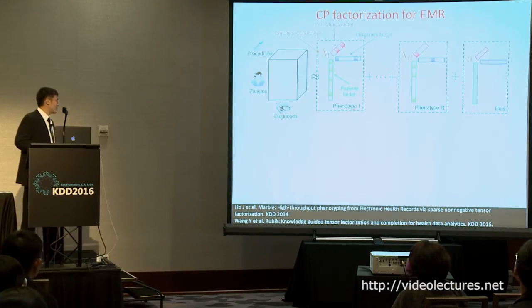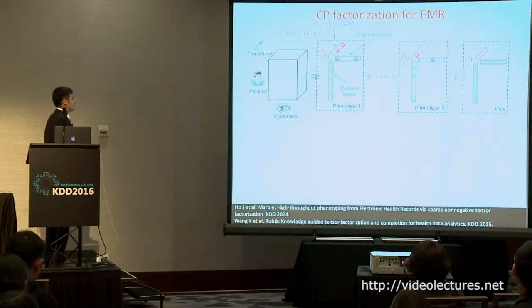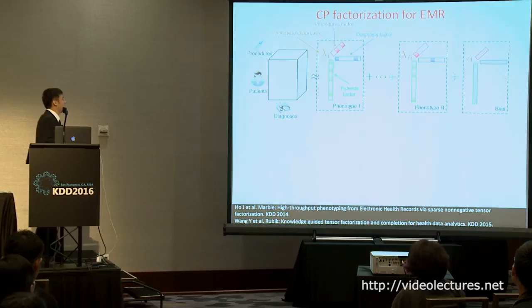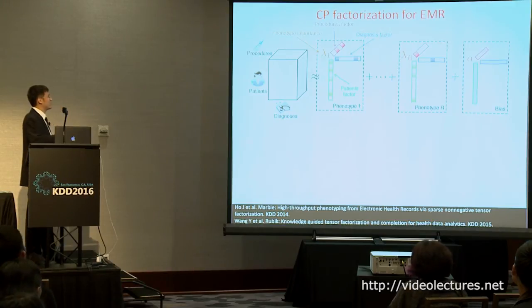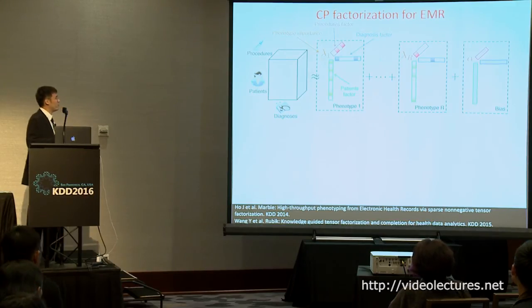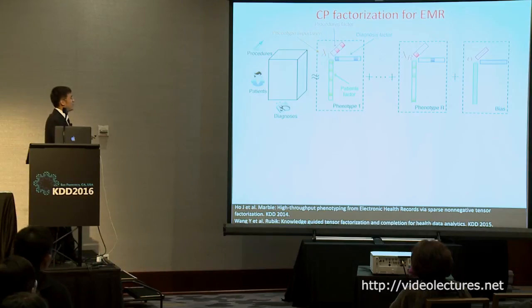And in KDD14, Jimeng and his collaborators applied CP factorization to EMR. Once they have a tensor, they do the CP type of factorization. CP tensor factorization decomposes the tensor into multiple different rank-one tensors, right?